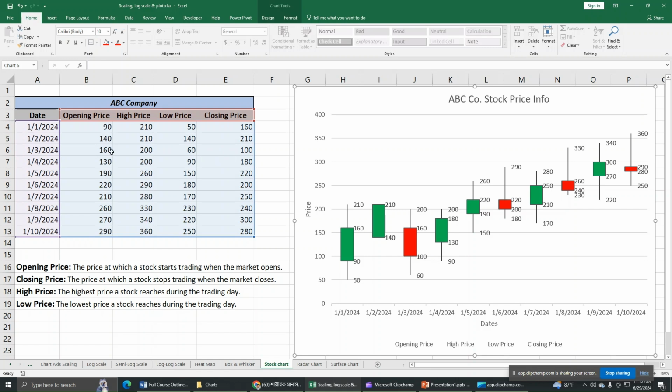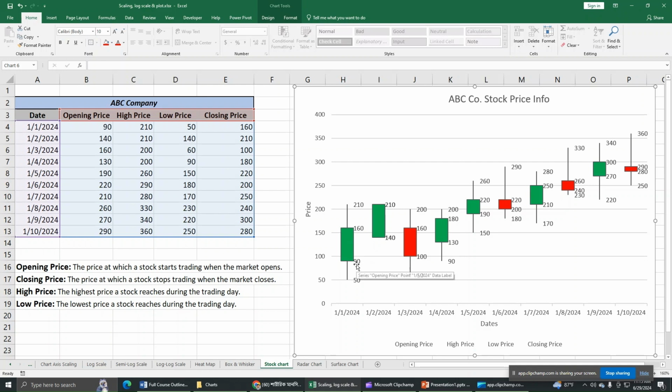That is, opening price is higher than 100, and this is why it generated a red candle. When the opening price is higher than the closing price, then it will generate a red candle. When the opening price is lower than the closing price, it will generate a green candle.